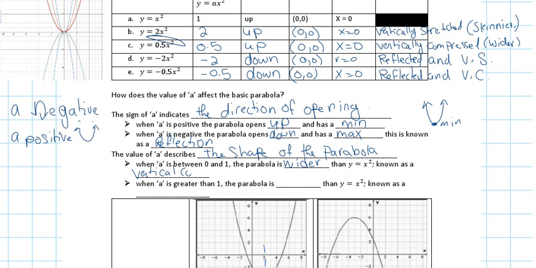When A is greater than 1, the parabola is narrower or skinnier than y equals x squared, and we know that as vertical stretch.